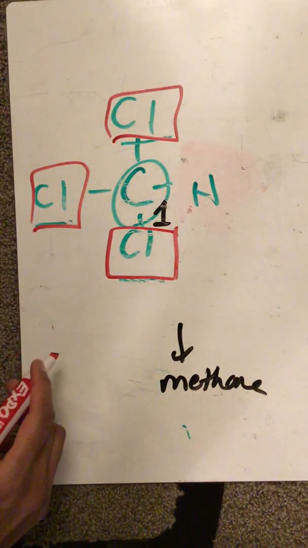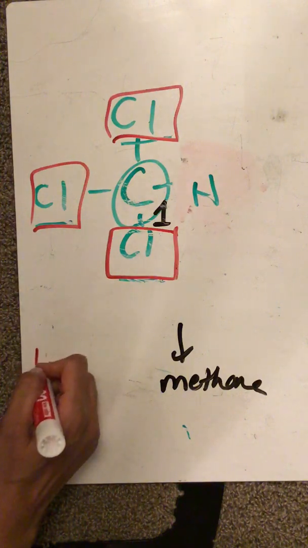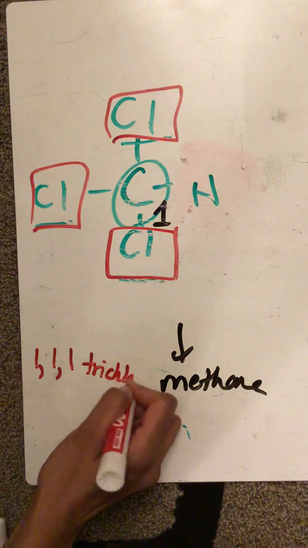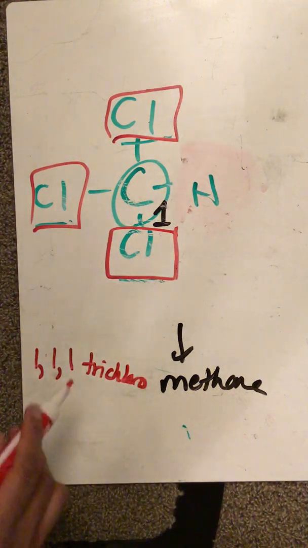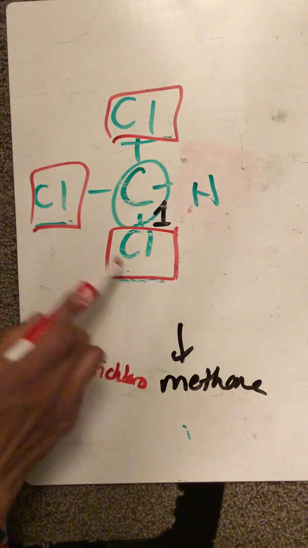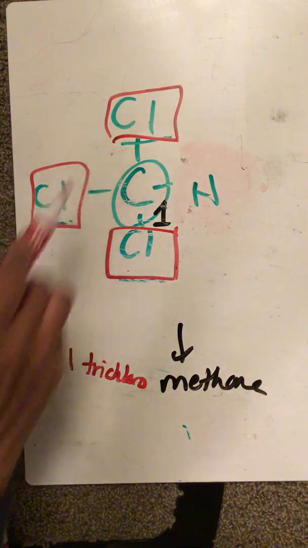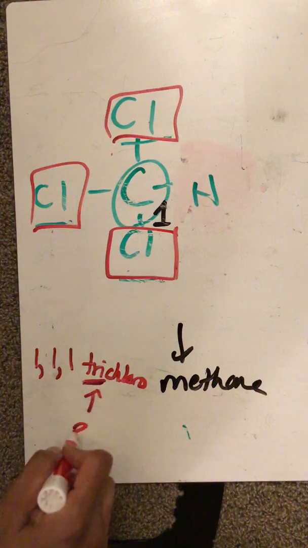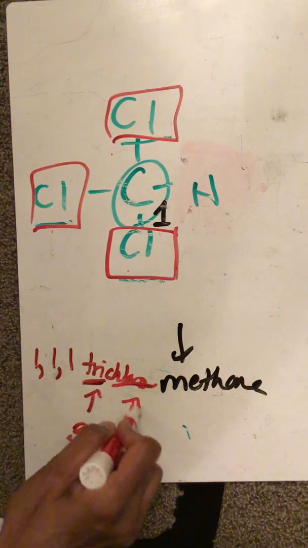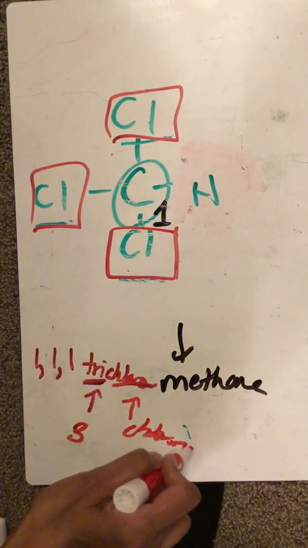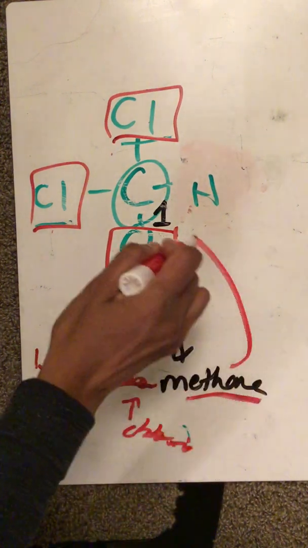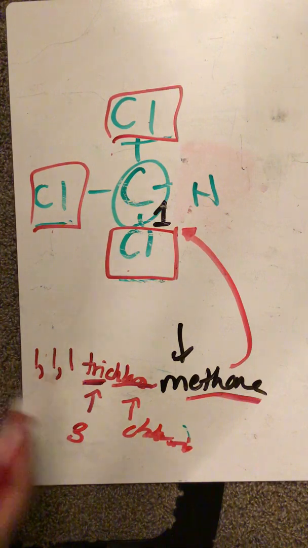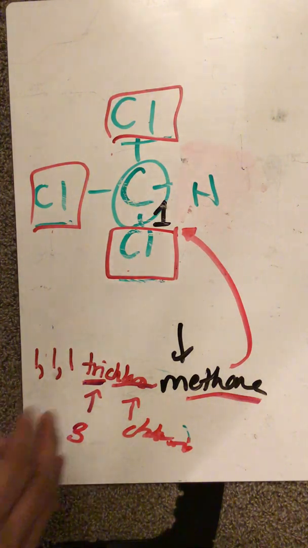Watch. You would name this 1,1,1-trichloromethane. Tri means I have 3 chlorines, and it's found on the parent chain, which is methane. So that's how I named this halogenated hydrocarbon.